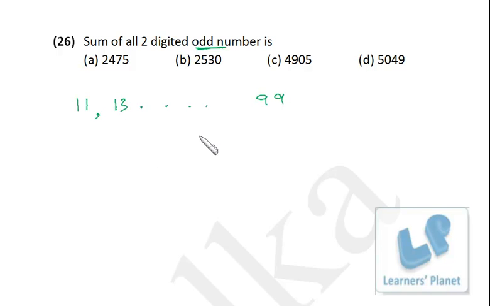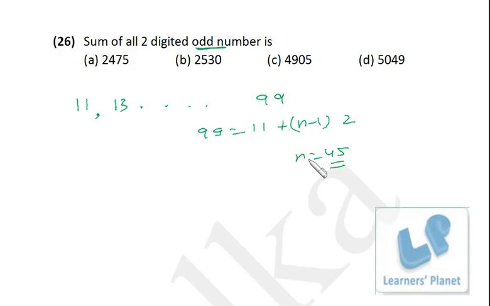Simply, 99 is equal to 11 plus (n minus 1) into 2. So that's 88 by 2, 44. So n is equal to 45. Right? So there will be 45 two-digit odd numbers and 45 even numbers. In all, there are 90 two-digit numbers. 45 of them are even, 45 of them are odd.